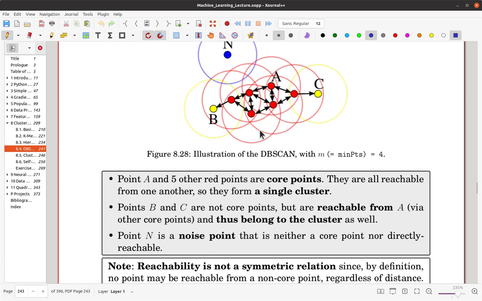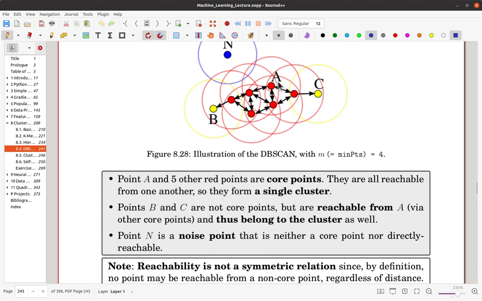Okay. Now here, B and C, for example. Around B, if you make an epsilon ball, you have only 2 points, so it is not a core point. However, it is reachable from this one, since it is within the epsilon distance from a core point, so it is directly reachable from this point. Of course, B is reachable from A because there is a path.